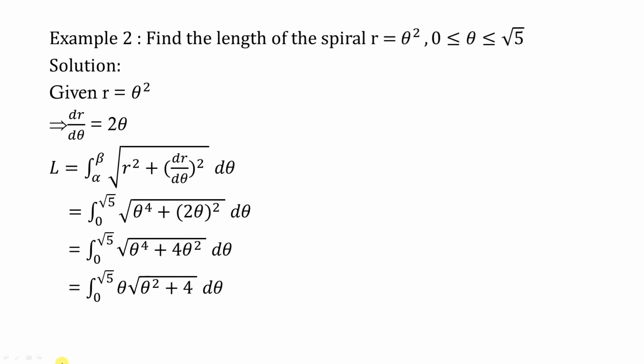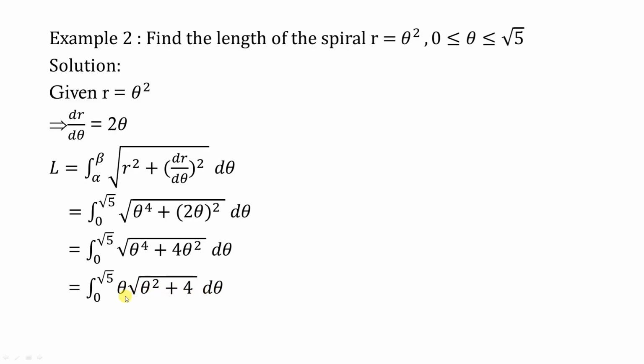How to integrate this? I'll explain it here. Substitute theta squared plus 4 as another variable, say t. So theta squared plus 4 is t, and 2 theta d theta is dt, so theta d theta is dt by 2.